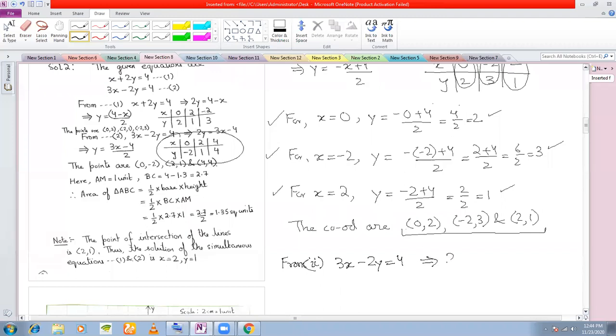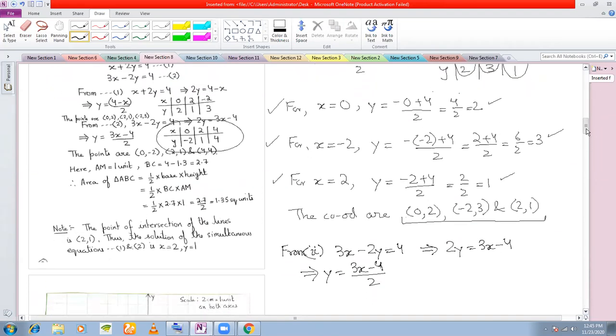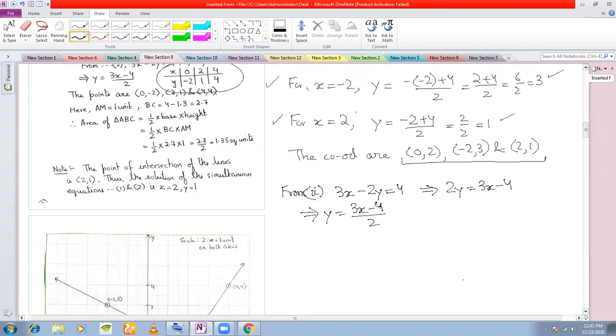So you have 2y is equal to 3x minus 4, and therefore y is 3x minus 4 divided by 2. This is the value of y that you are getting. Now we shall see what coordinates we get.